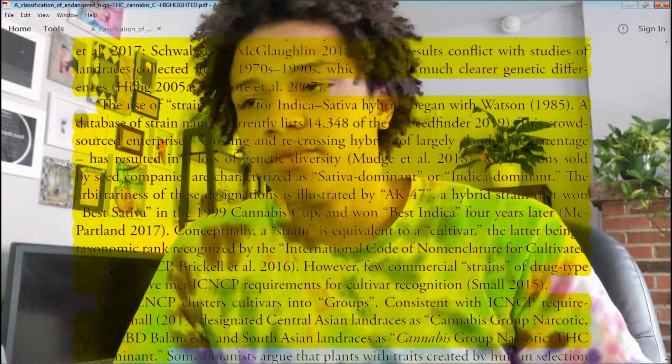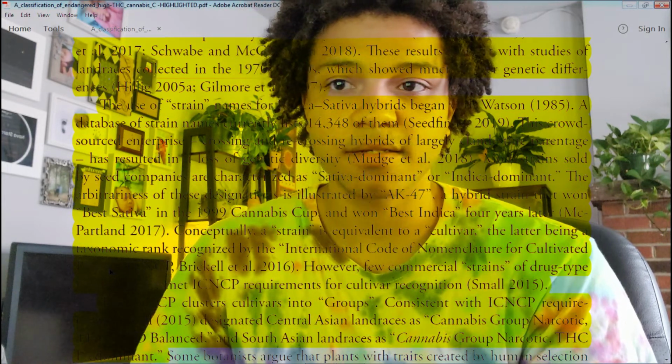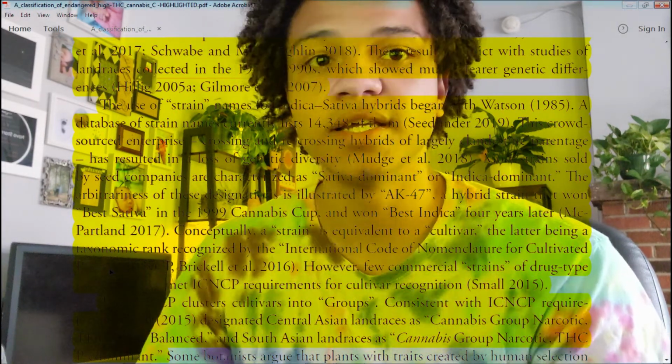So this is important when we're talking about just really trying to get on the same page and just what we're talking about. Yeah, really. So pretty much, if you want to get technical, using cultivar is probably the right term rather than strain, talking about two different phenotypic plants, probably even genotypic too.